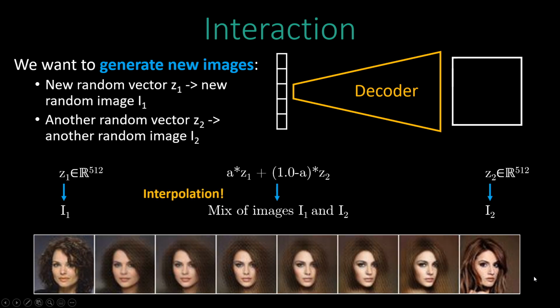So we can make an interpolation through this space. How do we make the interpolation? We go with an alpha from 0 to 1, going from z1 all the way to z2, sampling at different moments, and creating images which are on the road between these two real samples.